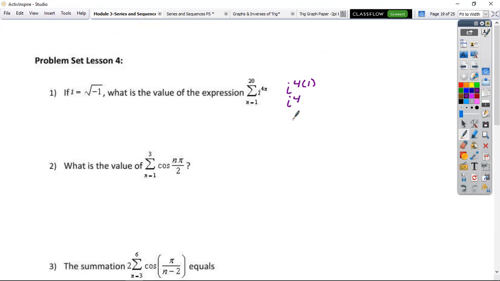The second term would be i raised to the 4 times 2. So isn't that i to the 8th? Does anyone remember that i's repeat every 4? So am I asking you to really take this all the way to 20 terms, or can you use a pattern? There's a pattern. That's all I'm going to tell you.